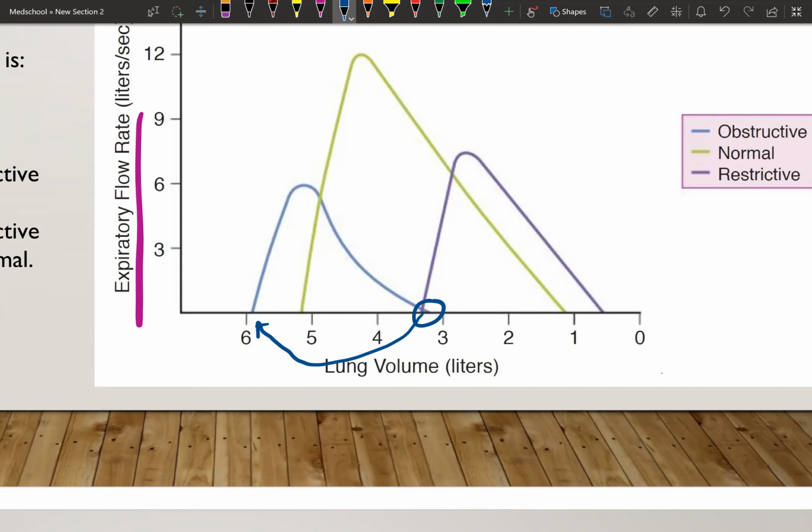And kind of the opposite, pulmonary fibrosis patients have a problem inhaling, so they can't really inhale as much as a normal individual can, which is right over here. They have no problem exhaling. In fact, they can exhale a little bit to a lower lung volume than a normal individual.